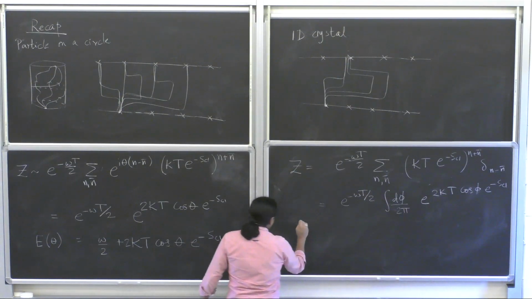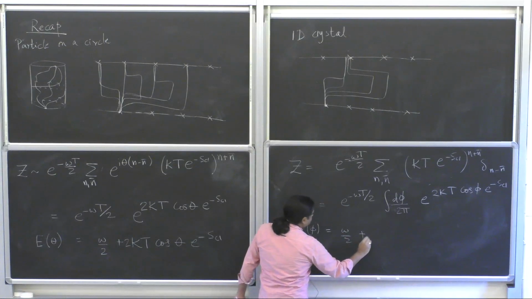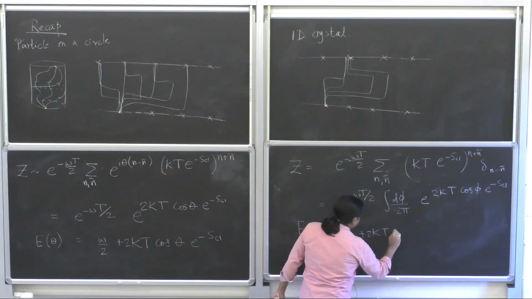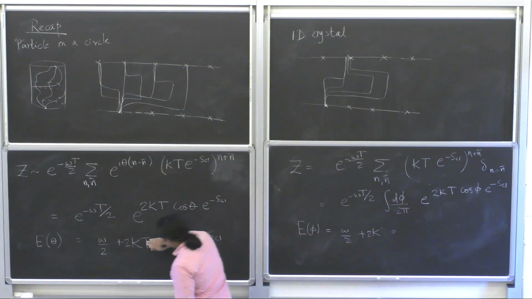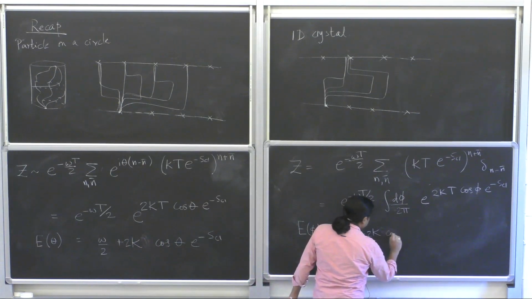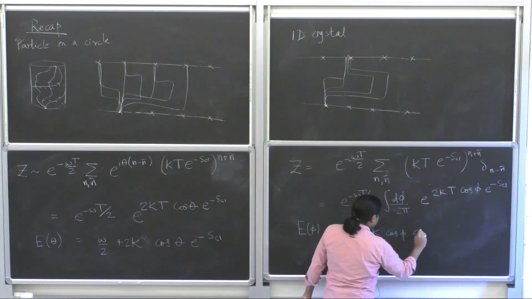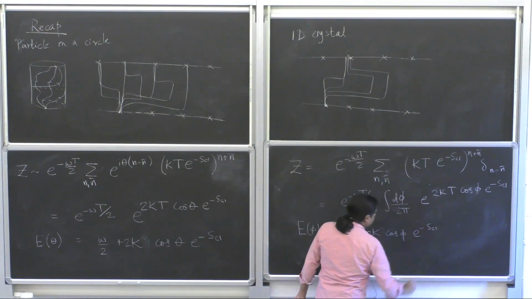And so here again, for a given value of phi, we get an energy that looks very similar. But the interpretation is that for every phi we have a state with a given energy.